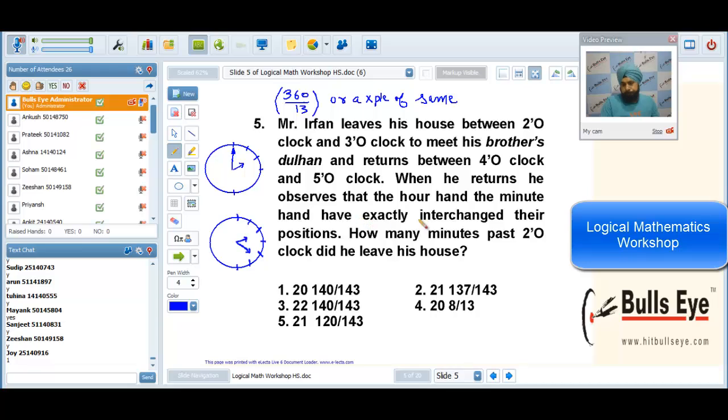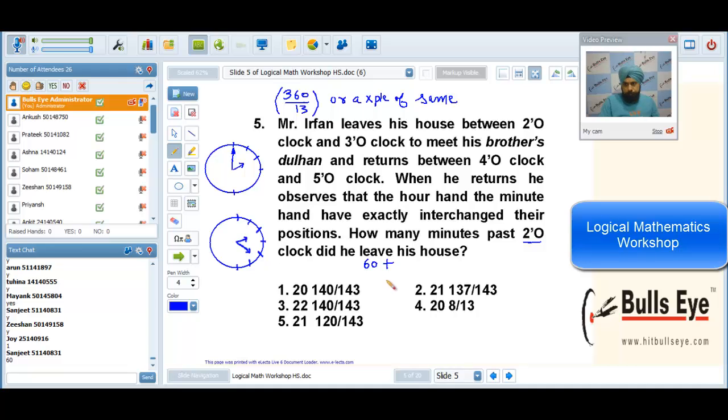Now here, guys, the first important point to answer this question, as a standard procedure, will be: what is the angle between the two hands at the starting of that time period, that is at 2 o'clock? I think you all very well know at 2 o'clock the angle between the two hands clockwise is 60 degrees.